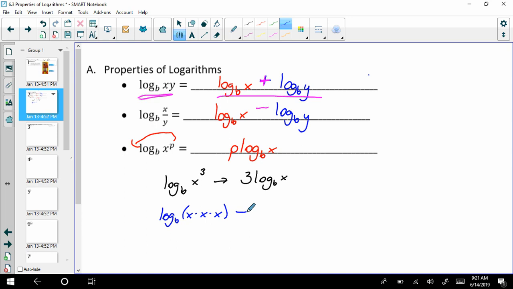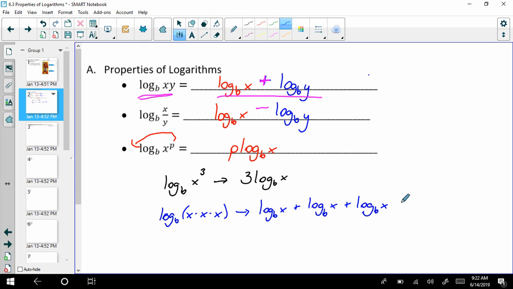So if I were to expand this using my first rule where it says, hey, if they're being multiplied, I can break them up using addition, it would look like this. I would now have 3 logs.